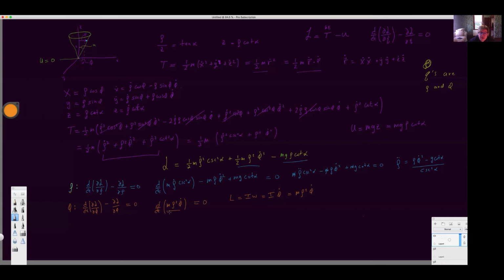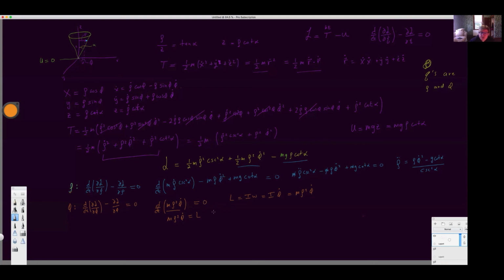So this is just telling us that the angular momentum is conserved. So m rho squared phi dot is equal to a constant, and we can just call that L.